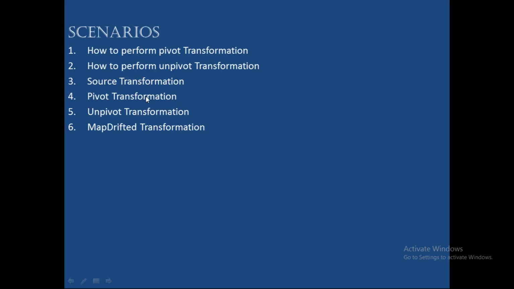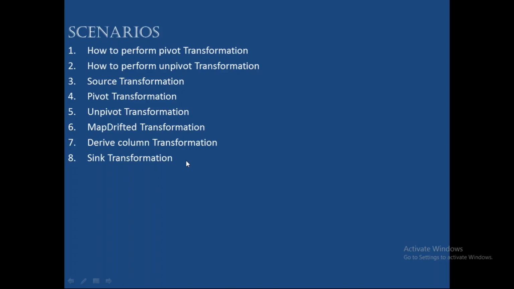When you are converting rows to columns, if you want to add those columns to your output, you need to use a map drifted transformation. Then I'm going to use a derived column for my transformation, and then the sink transformation. These are the transformations I'm going to use. Don't worry, I will show you why I'm going to use the derived transformation today.